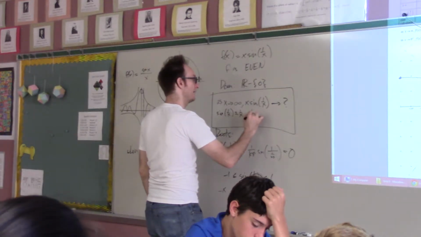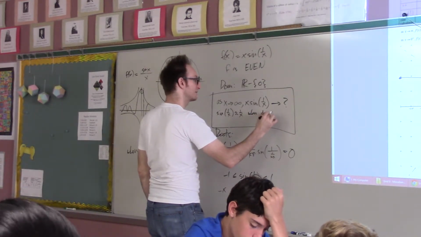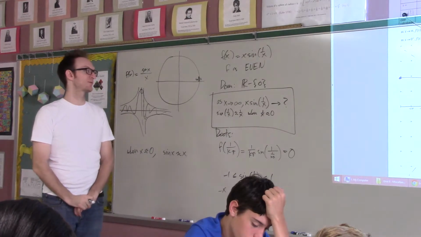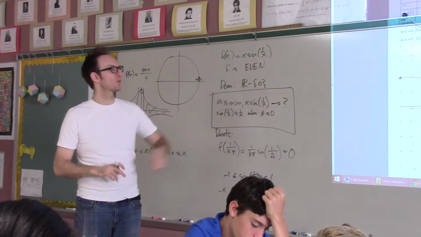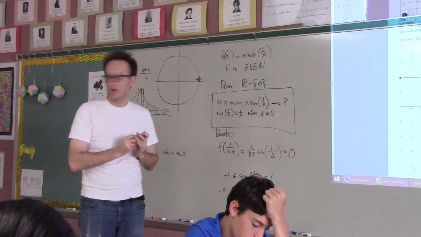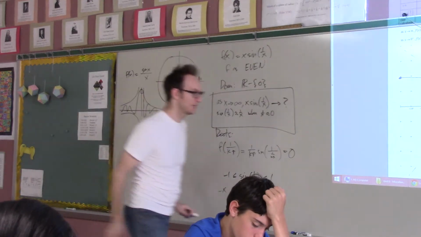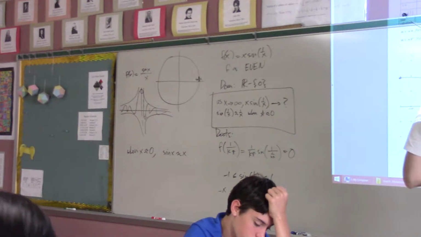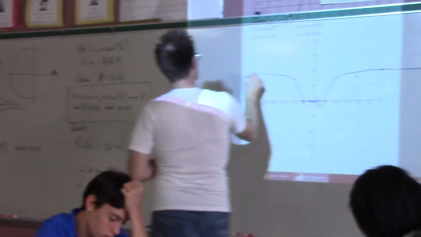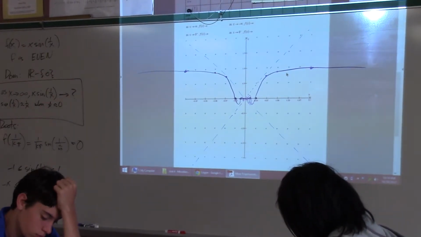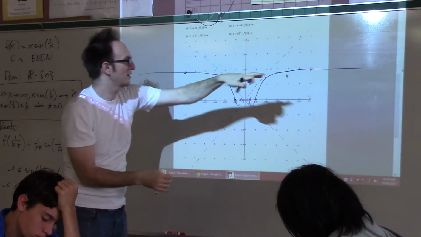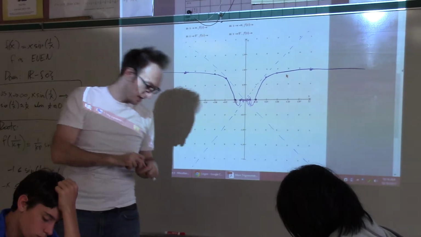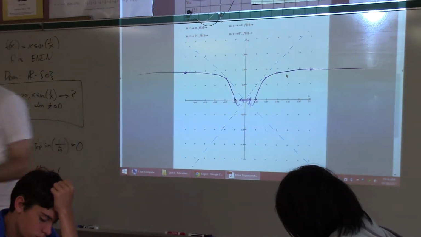When 1 over x is really small, which it is as x goes to infinity. And so this function is looking more and more like x times 1 over x, and indeed the end behavior is 1, and Sharice was right. So alright, cool. This is a very interesting function with infinite oscillations which are constrained by y equals x and y equals negative x, and also this horizontal asymptote of y equals 1.